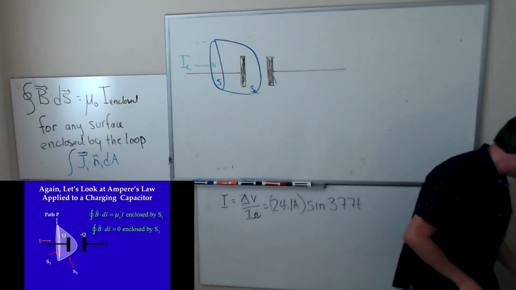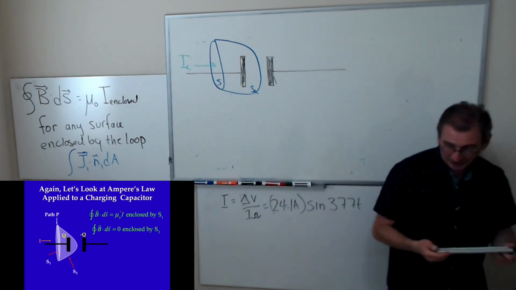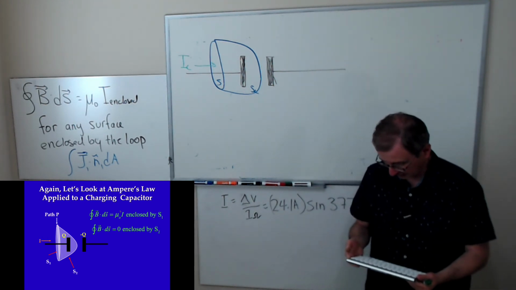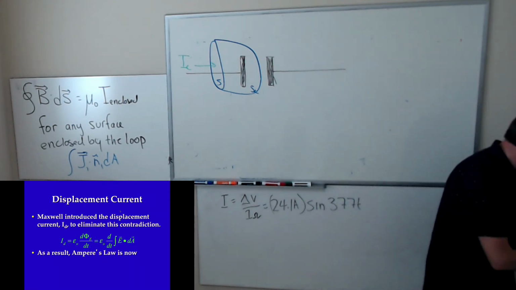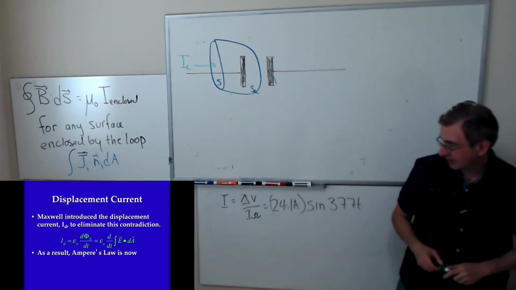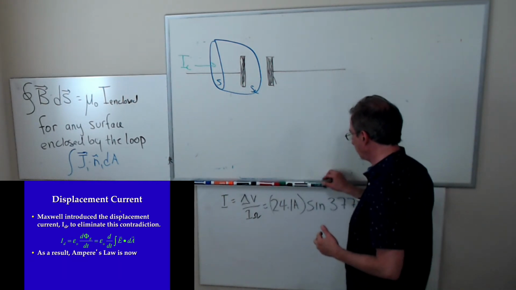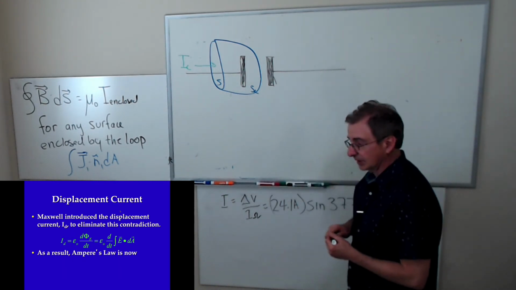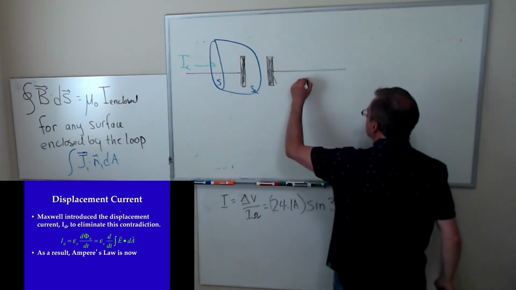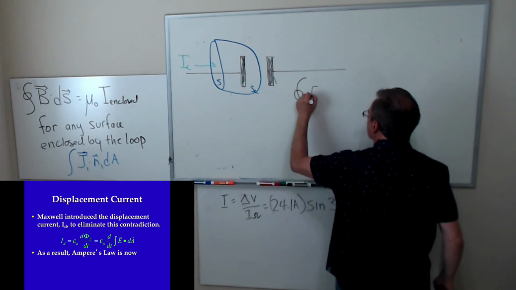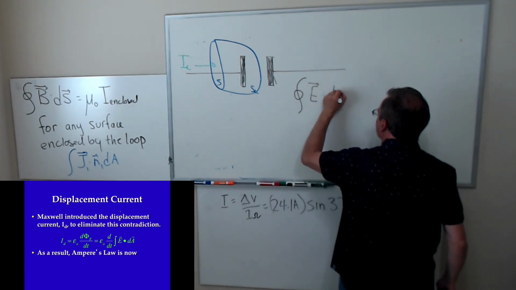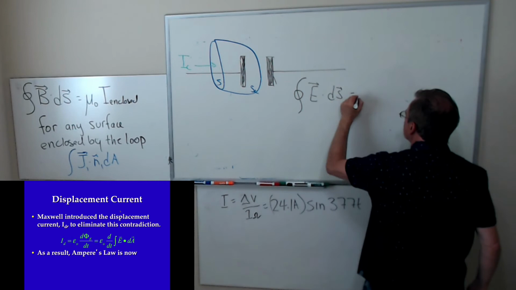So what did Maxwell do? Well, he thought that nature had to be symmetric. So if you look at Faraday's law, it looks like this, over S or L, whatever you want to use.